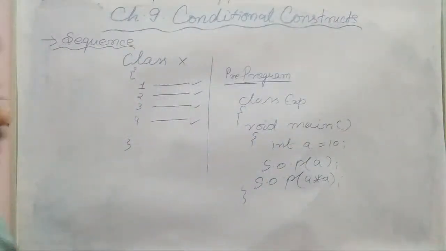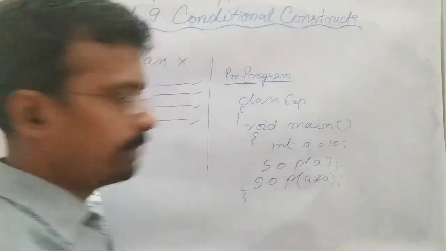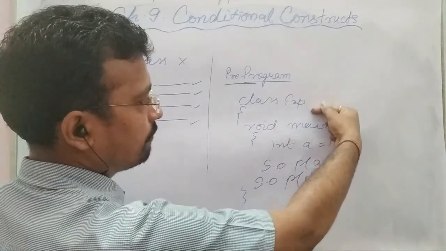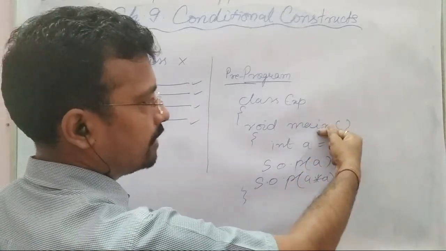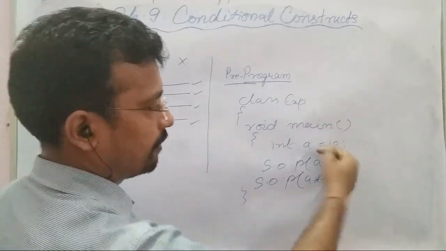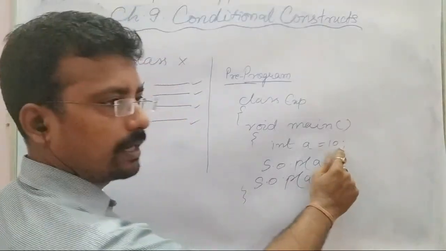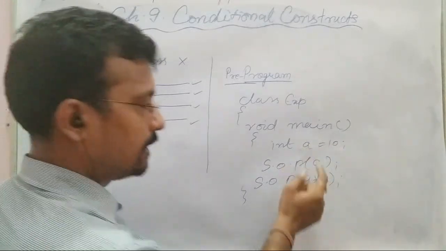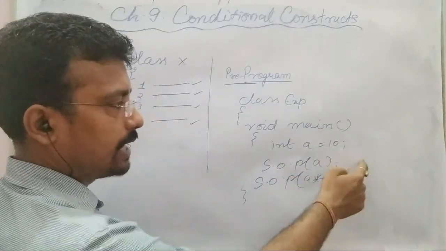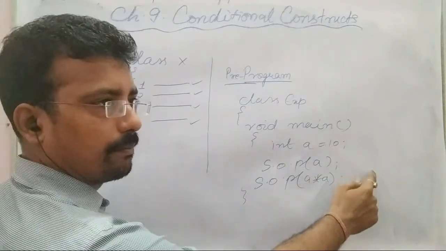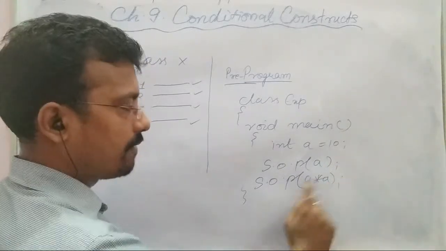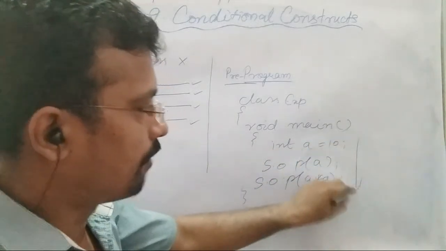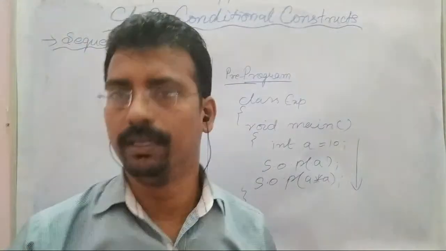When this program is fed to the Java environment, what will happen? Control will start reading the code this way. It will come into the function block. In the function block, the first statement will be read by the system, that is this. Means a will be initialized by this. Then a will be printed as 10, and a's multiplication with a, means a square, will be done here. So the procedure of doing this is followed in a sequence.